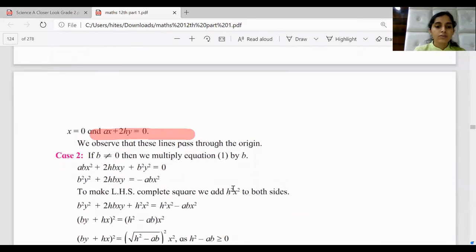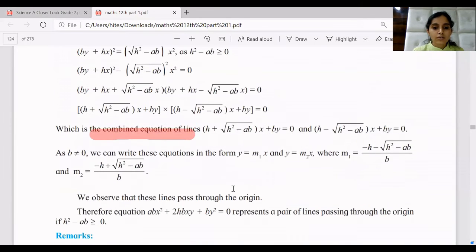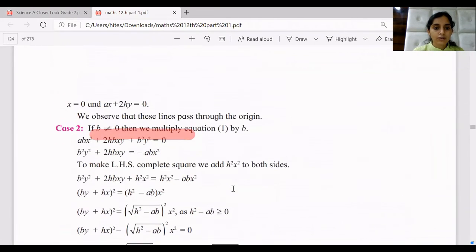So you can observe that we have multiplied this equation here, abx² + 2hbxy + b²y², right? So multiplying it, you get this.